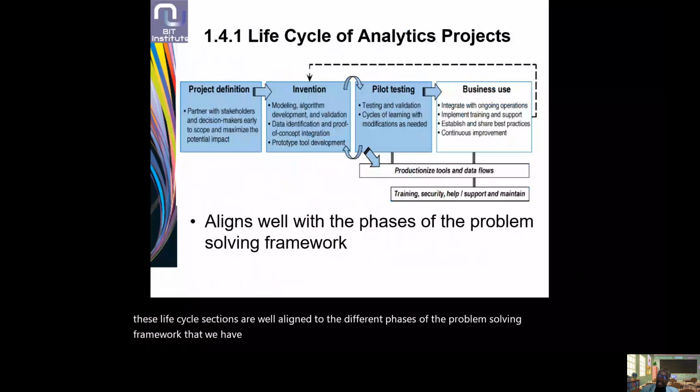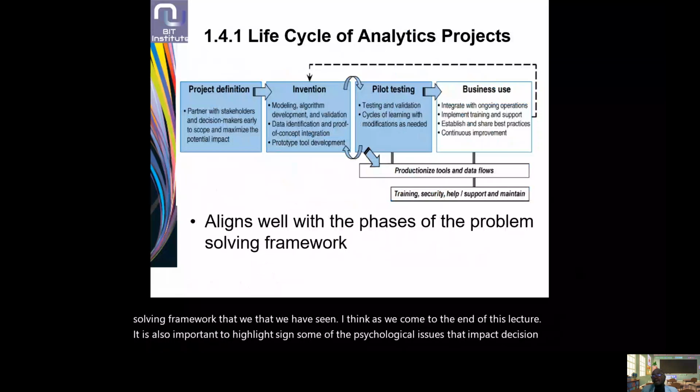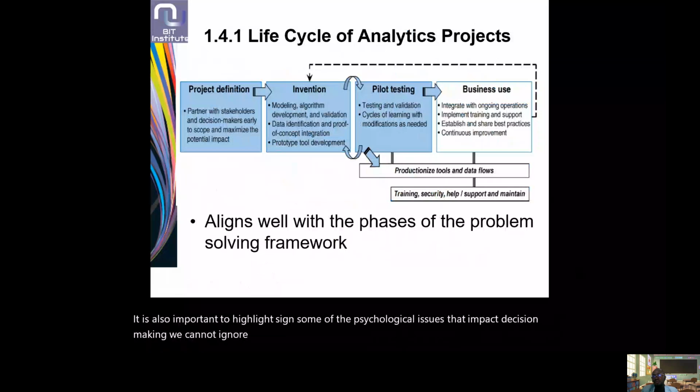I think as we come to the end of this lecture, it is also important to highlight some of the psychological issues that impact decision making. We cannot ignore this because remember, we are talking about computer modeling here, and we have emphasized that you cannot leave decision making to the computer. That's number one.